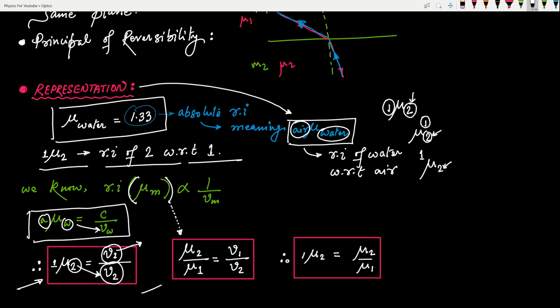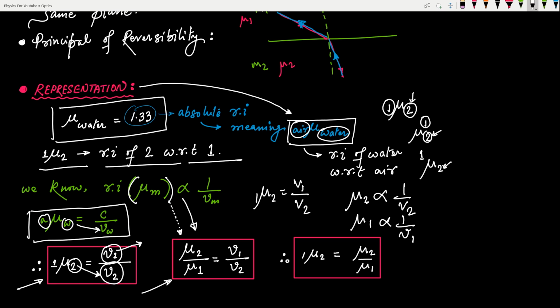Okay, now if you look into the second box, we'll be using the same concept, that the refractive index is inversely proportional to velocity. Therefore we know that mu 2 1 is v1 by v2 from the first box, isn't it? Now we know that the refractive index of 2 should be inversely proportional to velocity in medium 2, and the refractive index of 1 should be inversely proportional to velocity in medium 1.